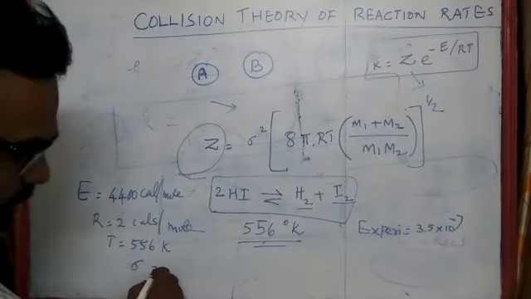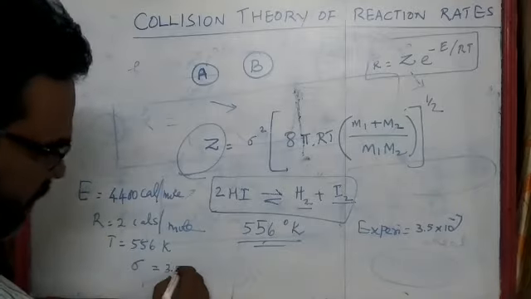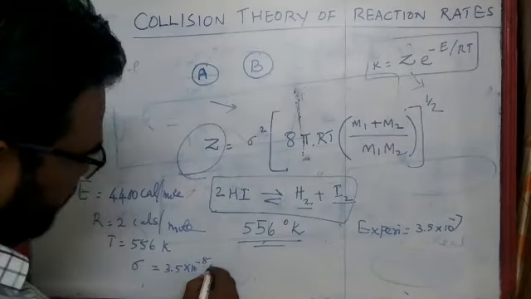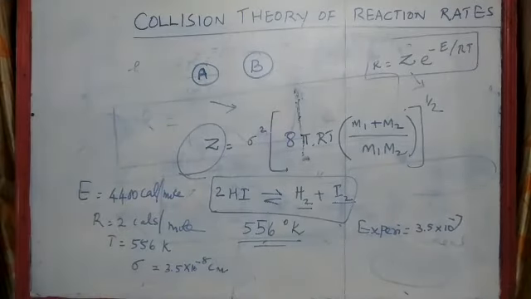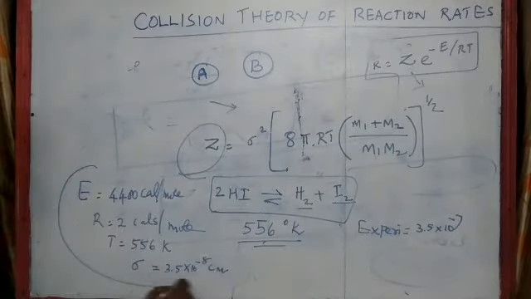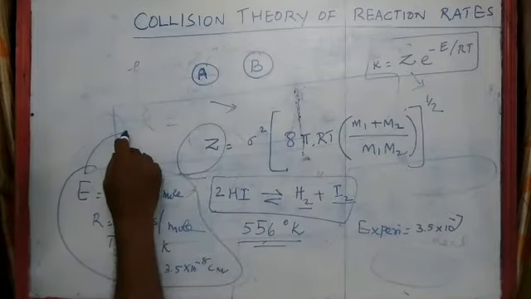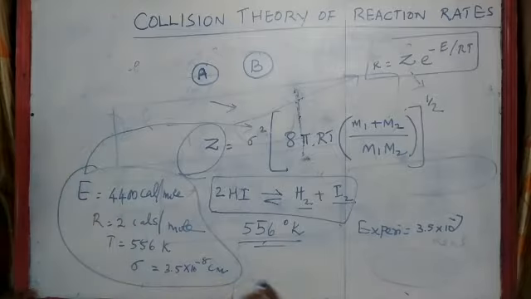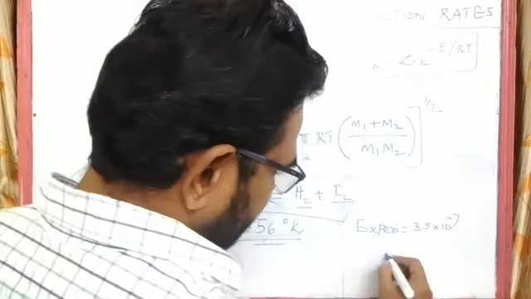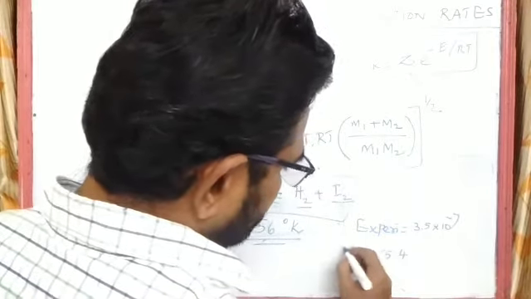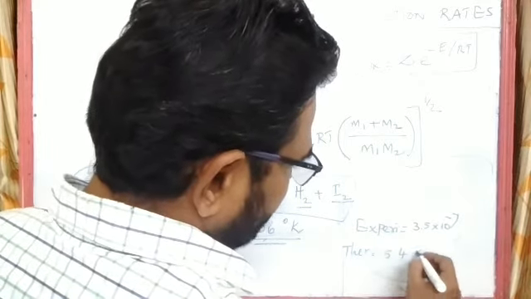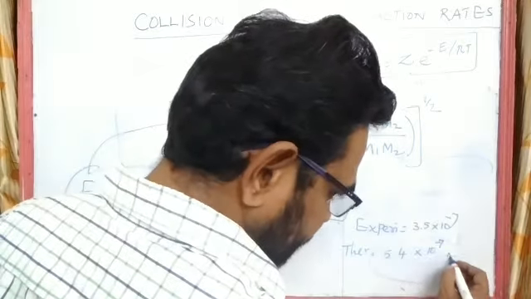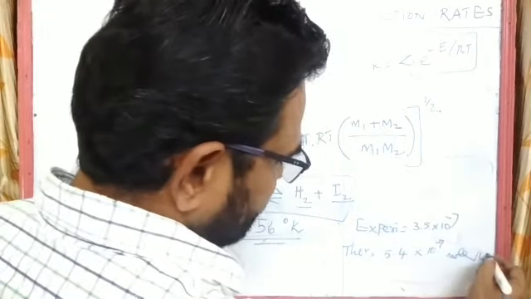Collision diameter sigma is 3.5 into 10 power minus 8 centimeter. Upon substituting all this into the equation, the theoretical rate of the reaction is 5.4 into 10 power minus 7 moles per liter per second.